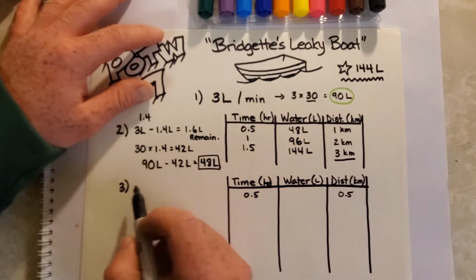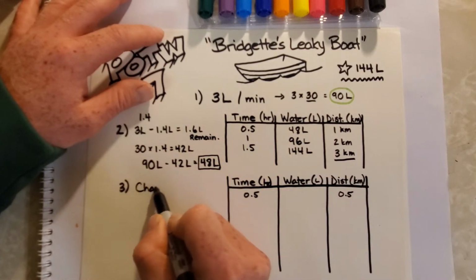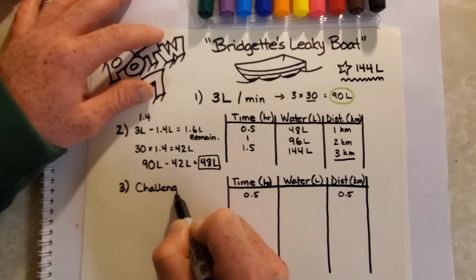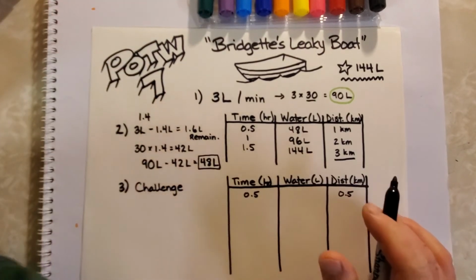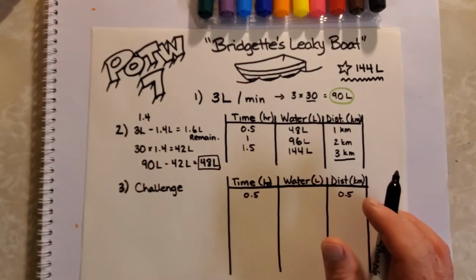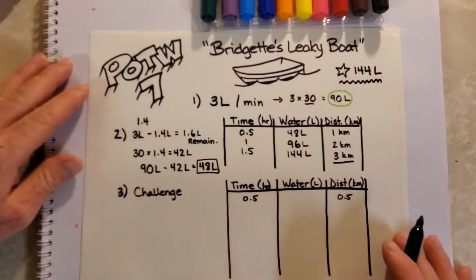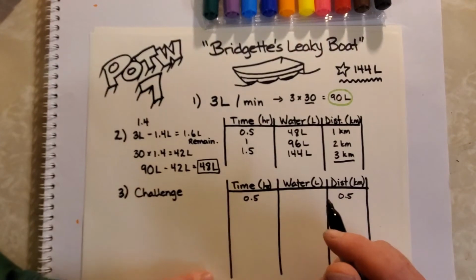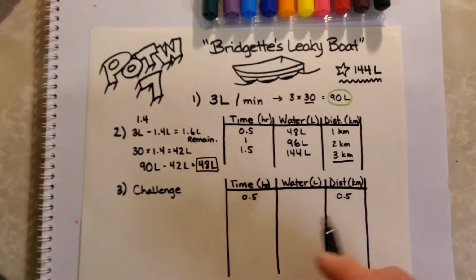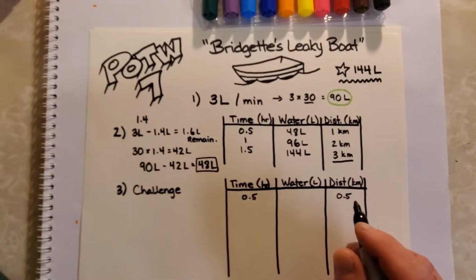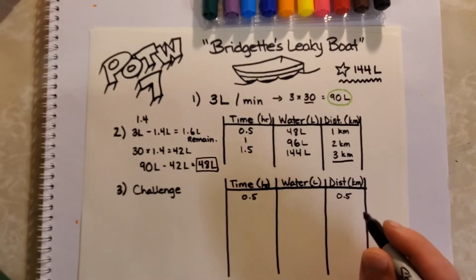So number 3 is the challenge. And there's a lot of things going on here, so please bear with me, and hopefully I can explain it in a way that is not confusing. We have to pay attention to what has changed.